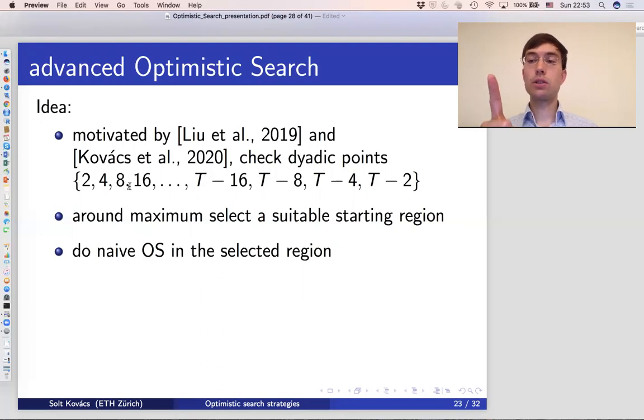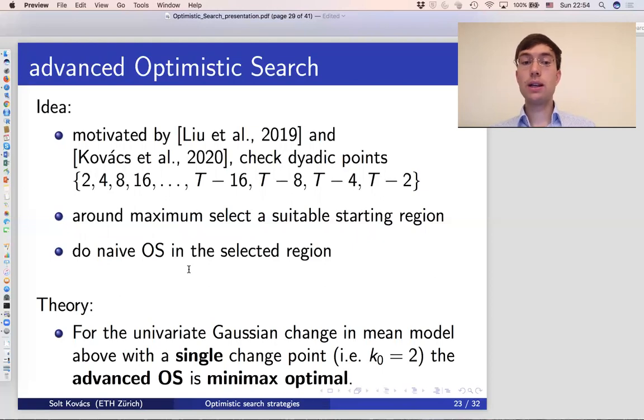So basically we consider split points 2, 4, 8, 16, etc., until reaching T half, and the same on the right hand side. And we check which one of these has the maximal gain, and at that location we define a suitable neighborhood, and only in that neighborhood we do naive optimistic search. So if we do it this way, then actually for a single change point we get minimax optimality even.